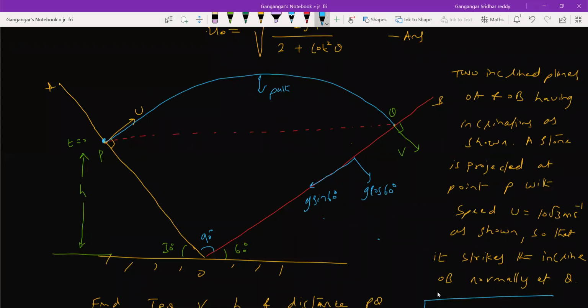That's all. You'll get the same thing. You resolve g here: g sin 30 is g by 2, nothing but g cos 60. Fine. You resolve g with respect to either inclined plane, you'll get the same answer. Okay, got it.